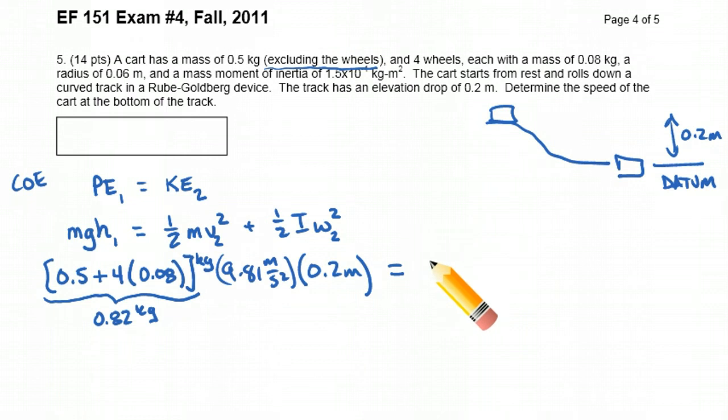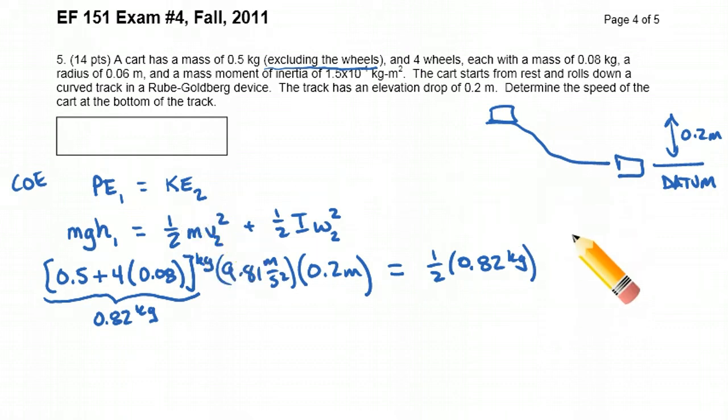Our final energy is going to be the translational part, 1/2 times 0.82 kilograms times what we're trying to find, the final speed. So there's my translational portion. Then 1/2 I omega squared.